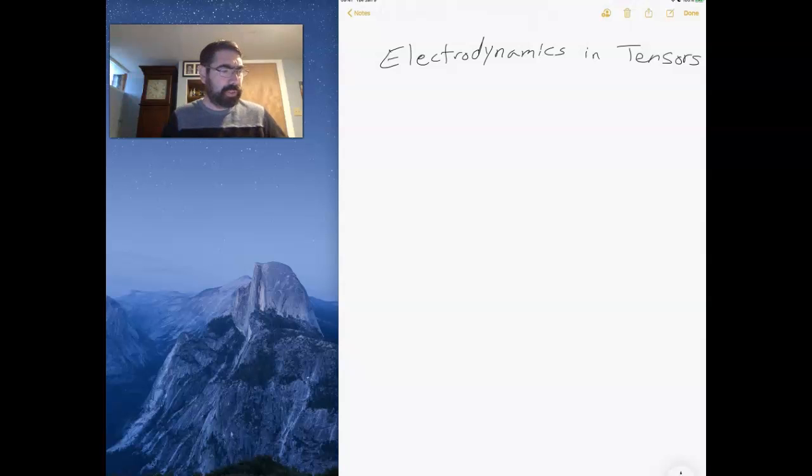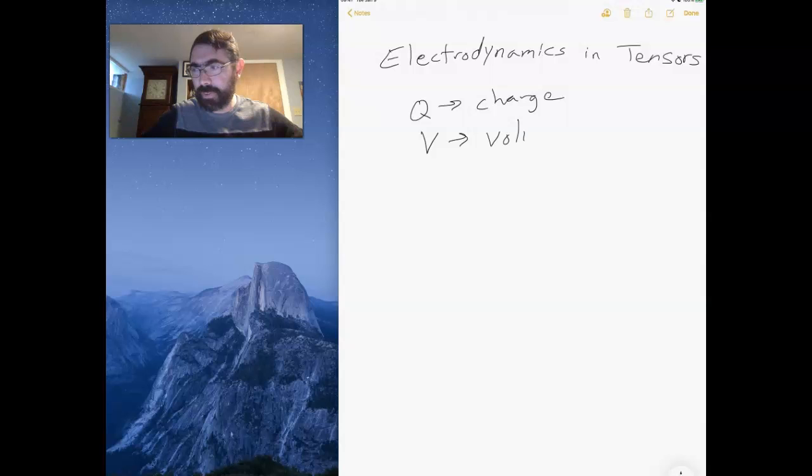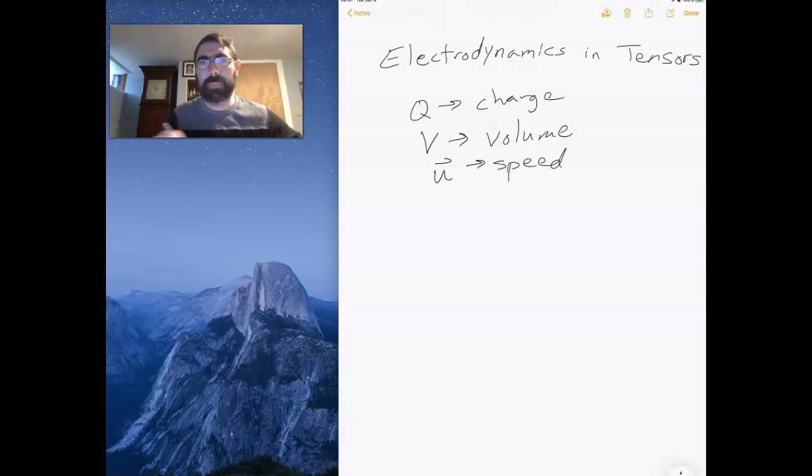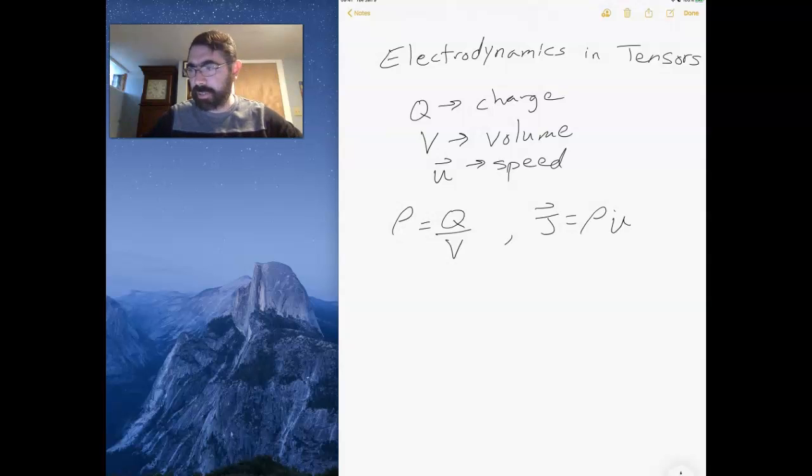The things that we have to worry about are the charge, the volume, and the speed, the relative speed between the two frames. The charge density is charge divided by volume. The current density is charge density times the speed.